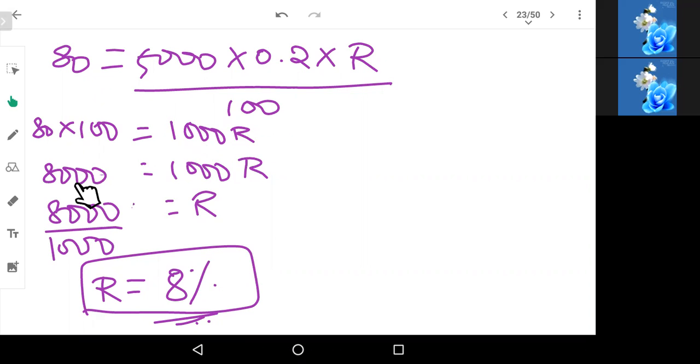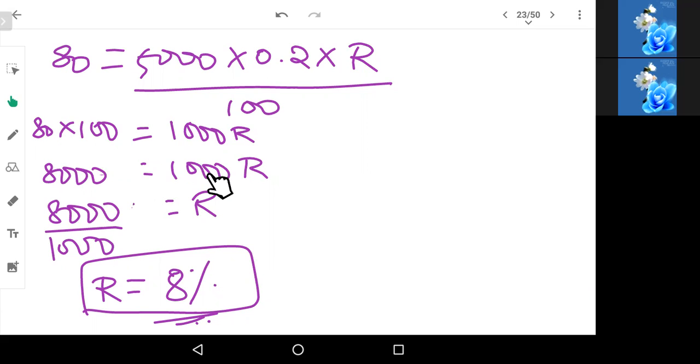And then 8,000 is equal to 1000 R. Now how did I get 8,000? 80 into 100. So 80 has 1 zero, 100 has 2 zeros. So 80 into 100 is 8,000. Now the mistake I made was that I took it as 800. So that is why it went wrong that time. So the actual interest is 80 rupees into 100, which is 8,000.